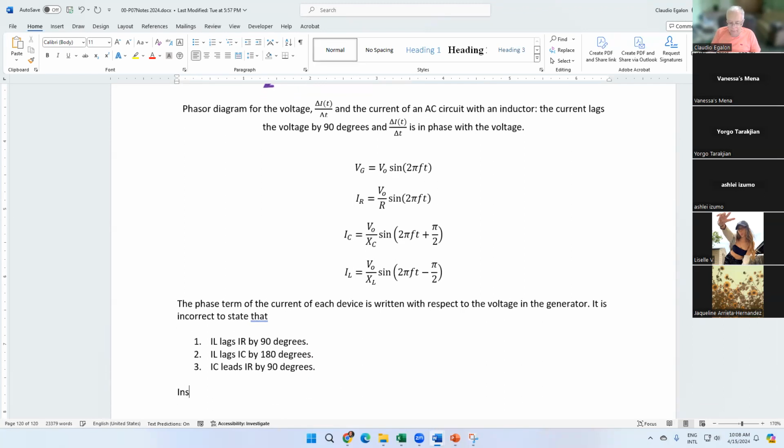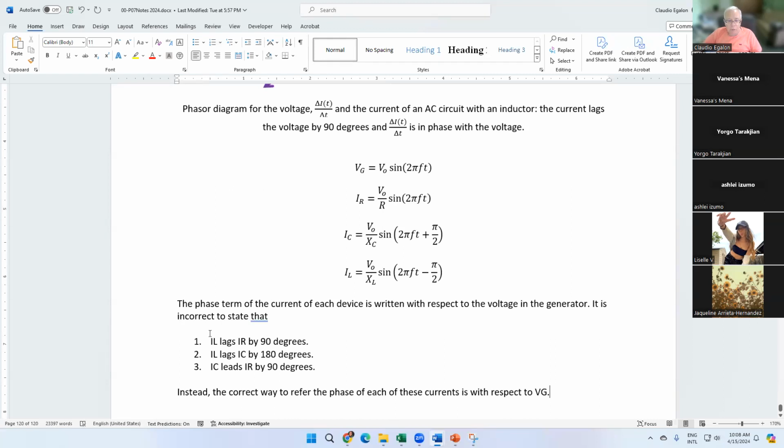Instead, the correct way to refer to the phase of each of these currents is with respect to VG, the voltage.